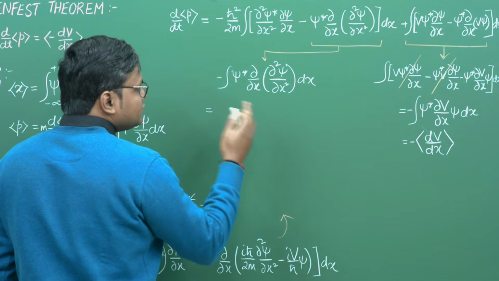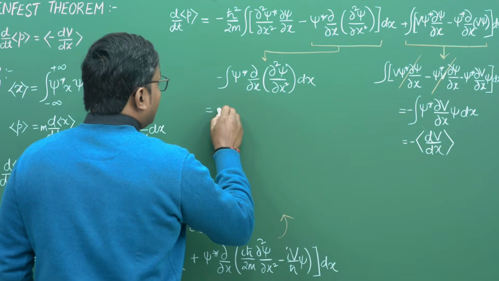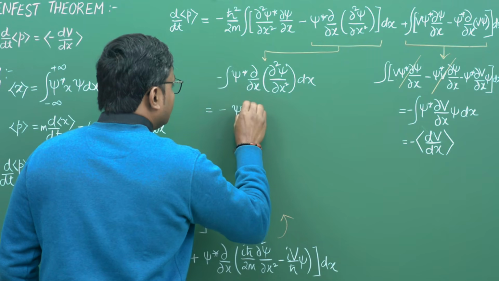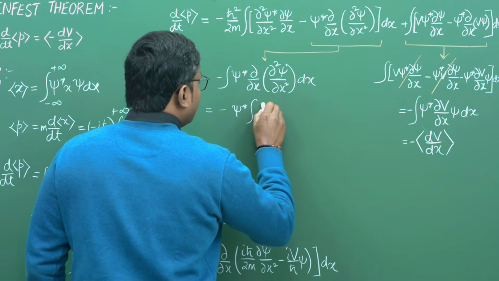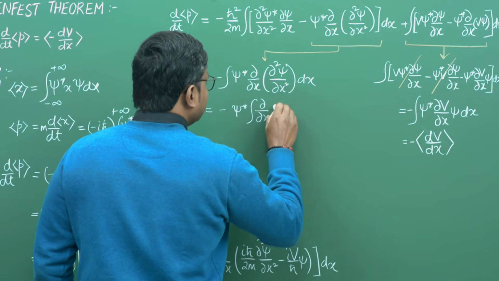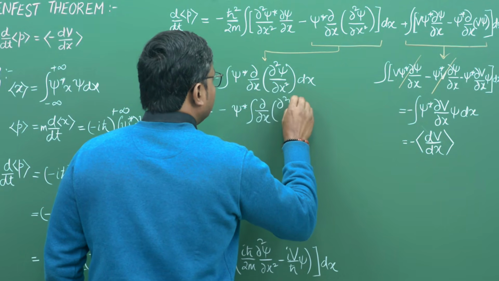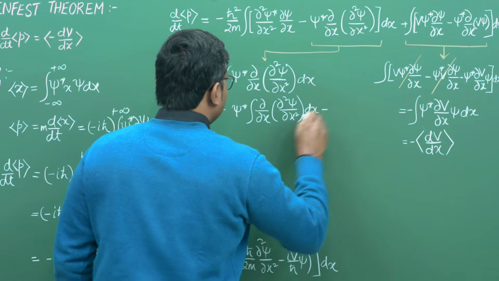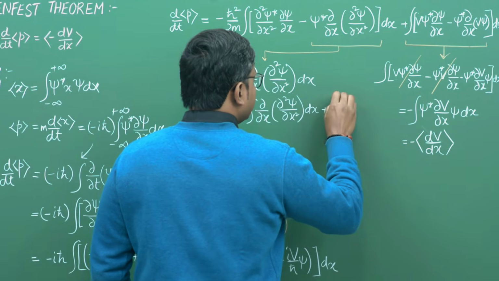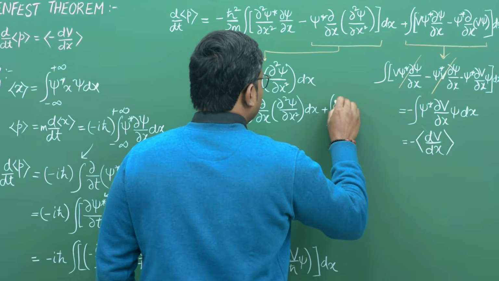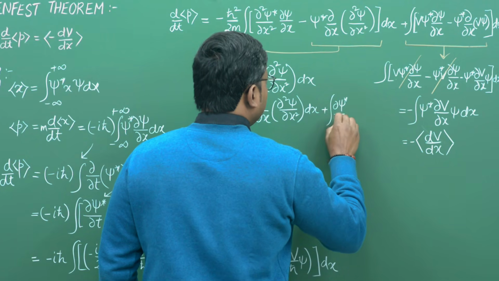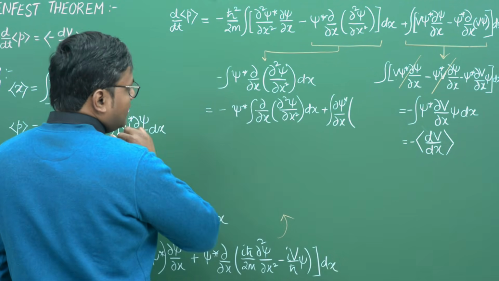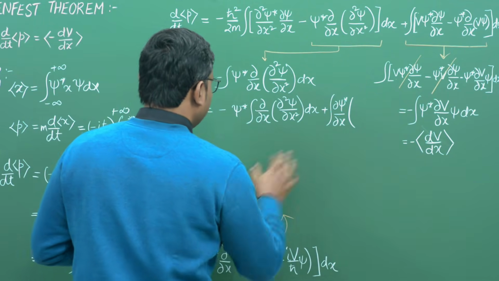So what is this? If I use integration by parts, then this simply becomes psi star integration, and you have del upon del x of del 2 psi upon del x2 dx, minus becomes plus, and then you have integration of del psi star upon del x, and then here you have this particular term again.